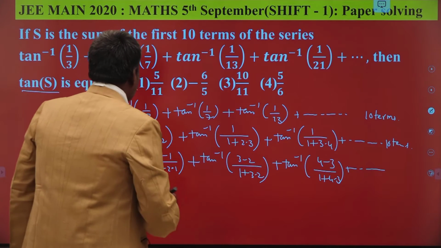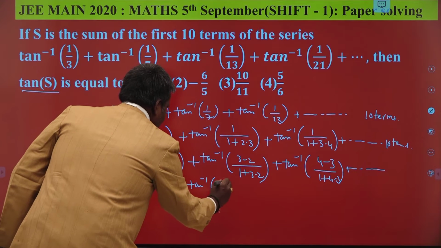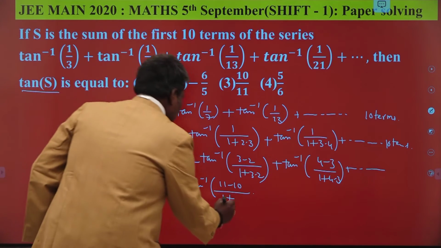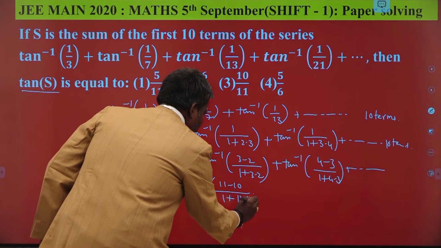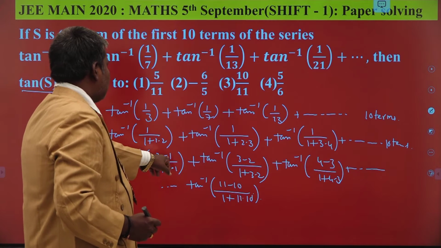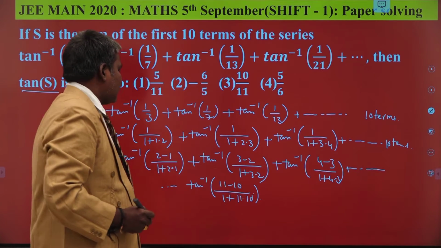In the 10th term, what will happen? The last term is tan inverse of (11 minus 10) by (1 plus 11 into 10). So in the first term 1 is there, in the second term 2, and in the 10th term 10 will be there.